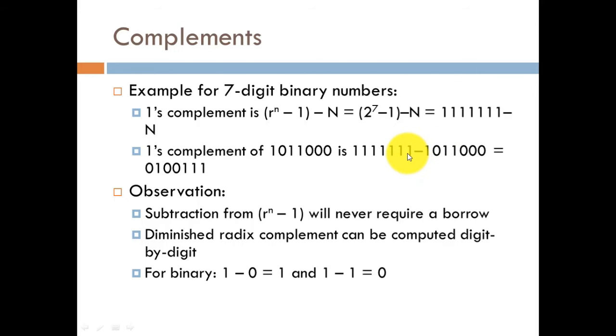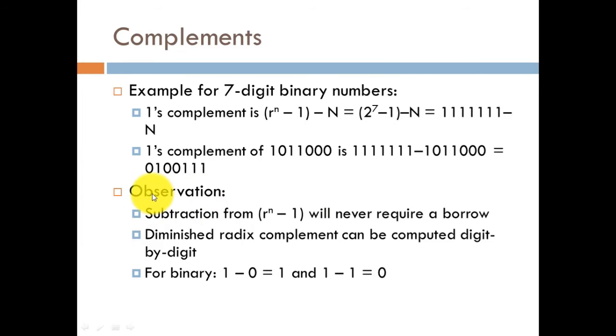When we subtract this 0 from this 1, we are left with 1. Then again 1 minus 0 is 1. Then again 1 minus 0 is 1. 1 minus 1 is 0. Again 1 minus 1 is 0. 1 minus 0 is again 1. And 1 minus 1 is again 0. So this represents the 1's complement of the given number.